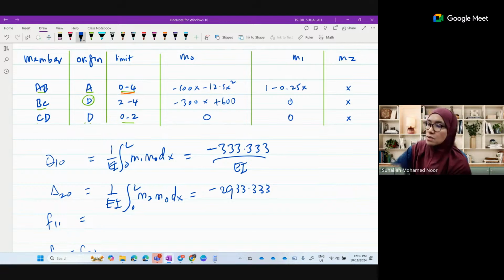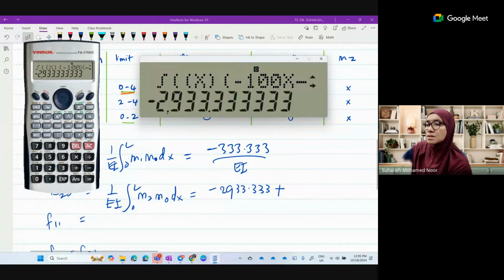Kan? Okay, ada satu lagi plus, yang kedua X dengan negatif 300 X plus 600. Berapa yang tu? Dah dapat belum? Jadi kalau boleh sekalikan je, letak terus jawapan sini. Sebab sometimes bila sekalikan ni kita kadang-kadang typo, kena patah balik buat. So boleh buat asyik-asyik. It's up to you.